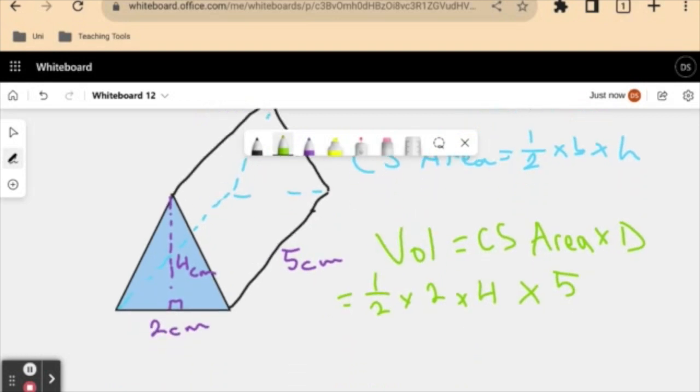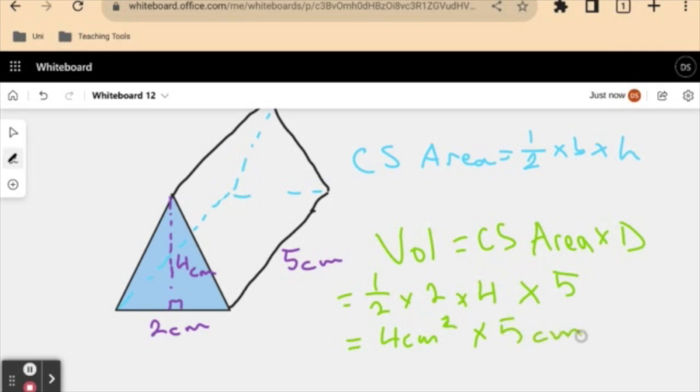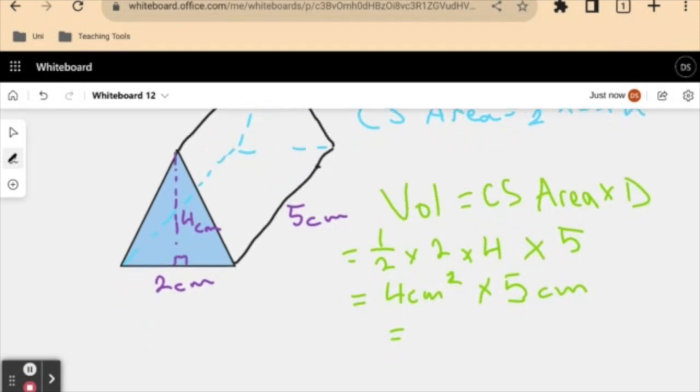So first finding our cross-sectional area, 2 times 4 multiplied by a half, we get 8 multiplied by half, which is 4. 4 centimeters squared multiplied by 5 centimeters as our depth. And once again, we eventually get 20 centimeters cubed.